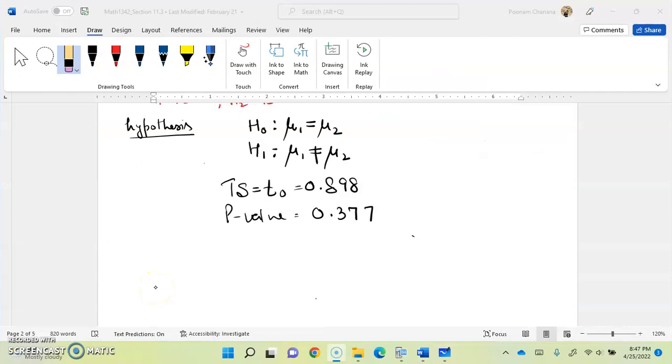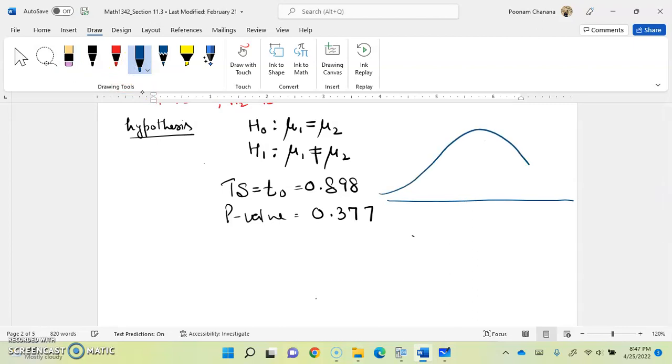Okay, so let's look at the test statistic method. We have our t-distribution curve. Because of this, we are going to draw a two-tailed curve, so we need to draw two critical regions. We name them either critical region or rejection region.